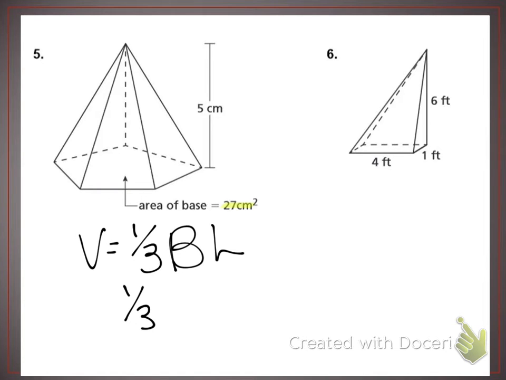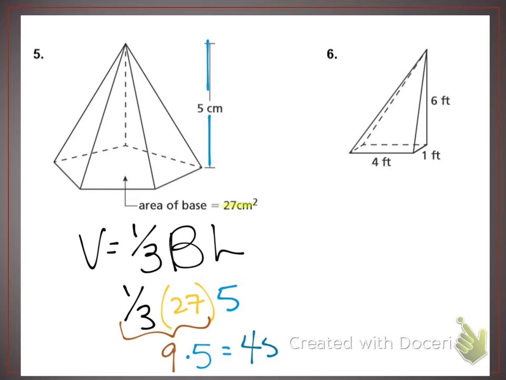So what's the area of the base? 27. And then times the height of the pyramid, which is 5. So 1/3 of 27 is 9 times 5 is 45 centimeters cubed.